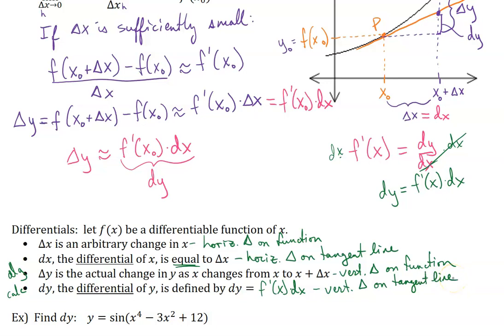Okay, and our process here is that we are going to use the tangent line to approximate the curve. All right, so I'm going to stop here and do the examples in the next video.